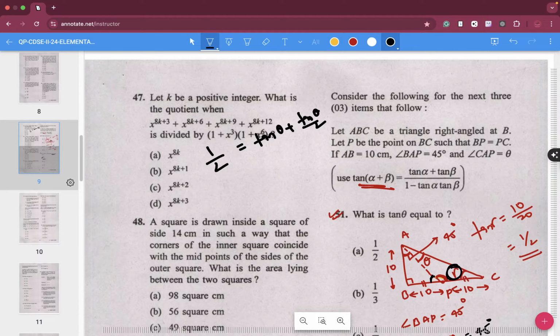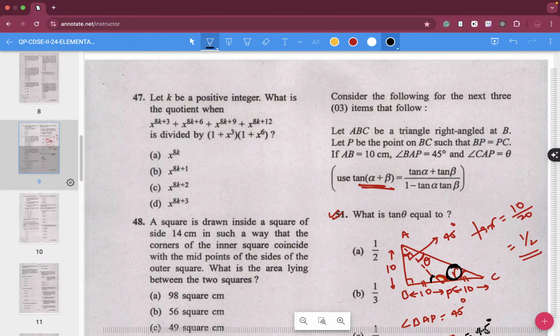Are we making any mistake somewhere? Okay, hold on, I'm making some mistake.